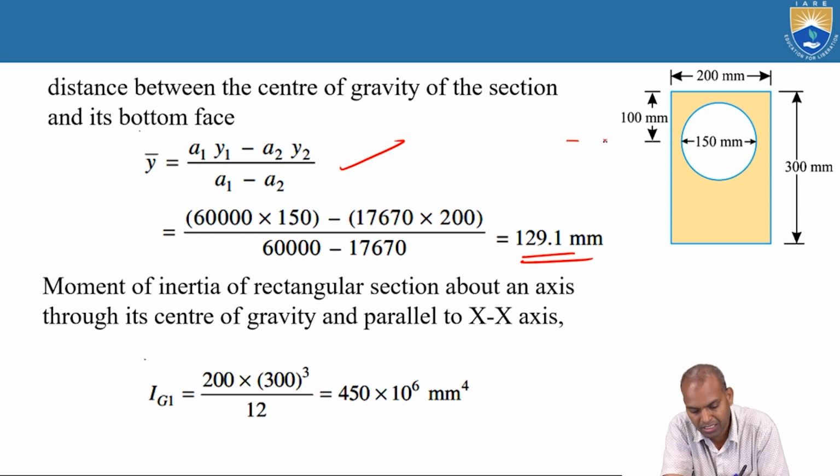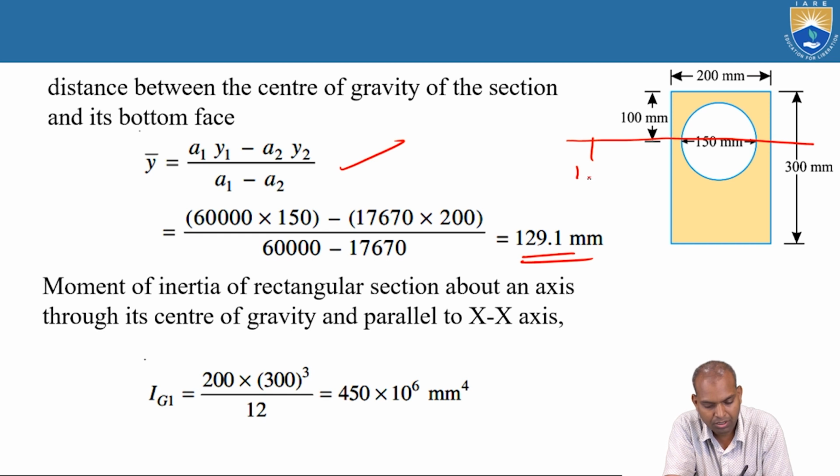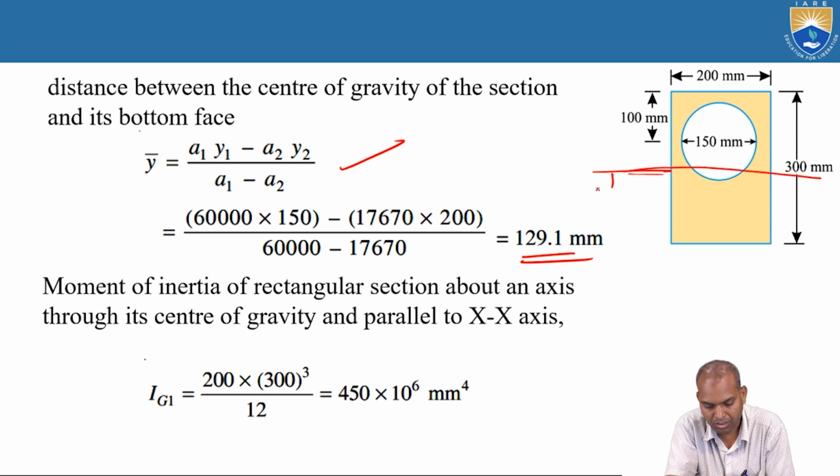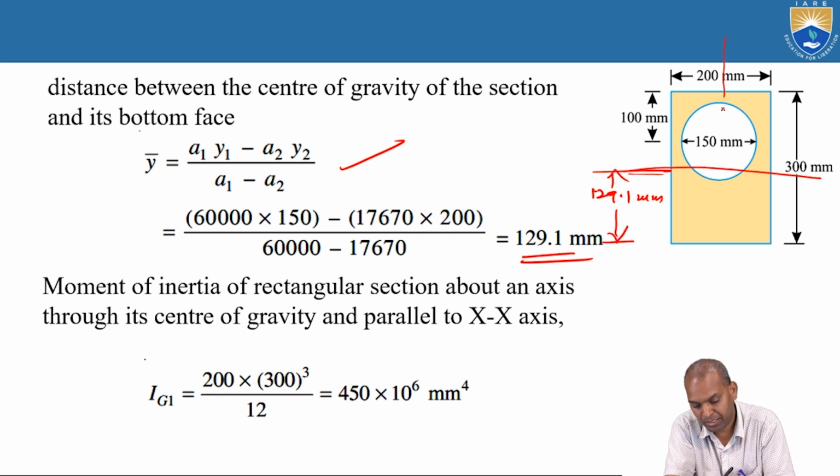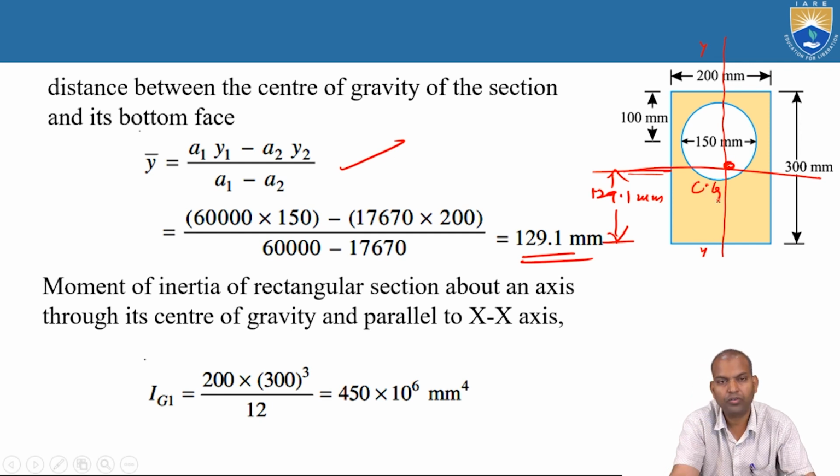So the bar y is at a distance of around 129.1 millimeters, and it is symmetrical about the vertical axis. This is the CG, center of gravity of this hollow section.